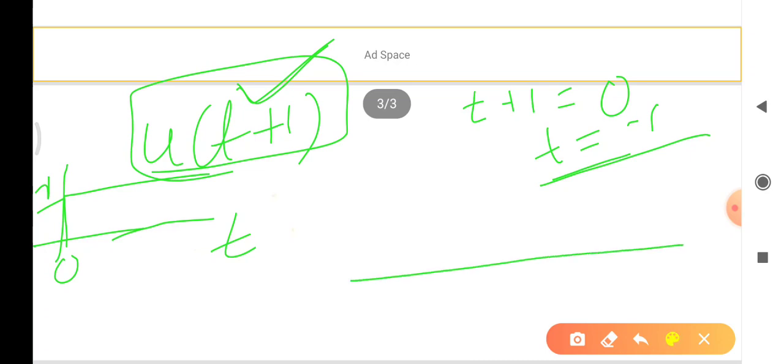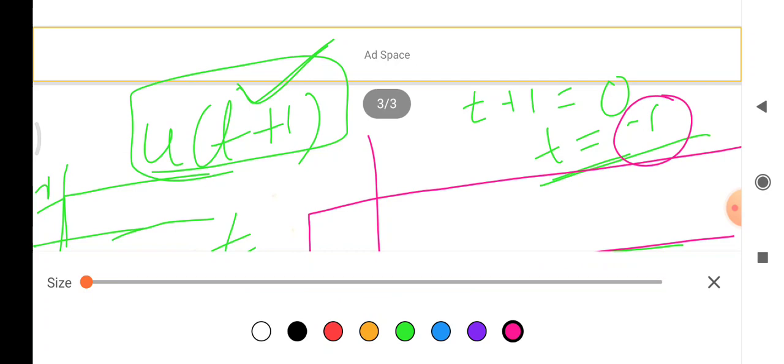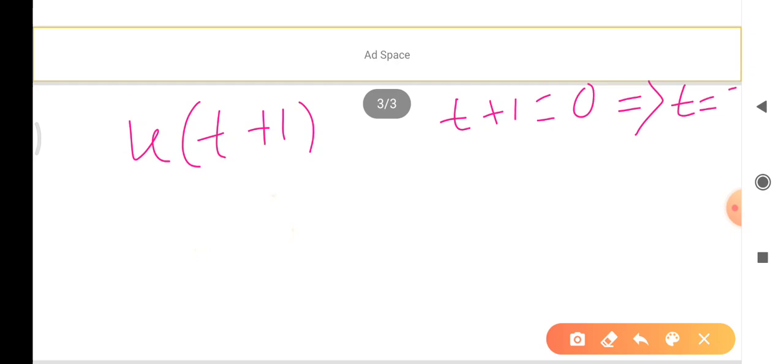So what we have to do is, observe, this is 0 and your signal should not start at 0. It has to start from minus 1. Where is your minus 1? Here it is. Your signal has to start from this. I'll draw again. For u of t plus 1, t plus 1 equals 0 and t equals minus 1.